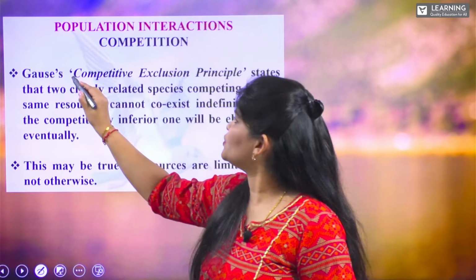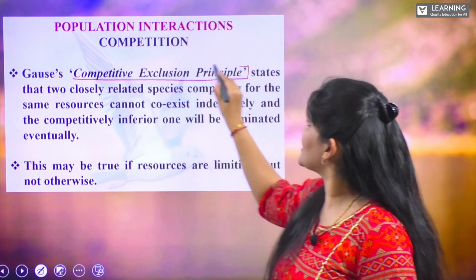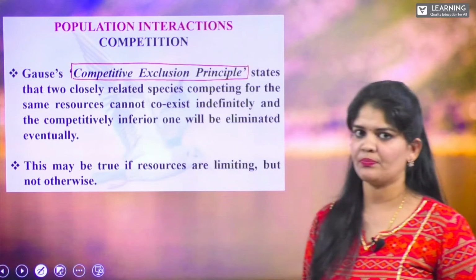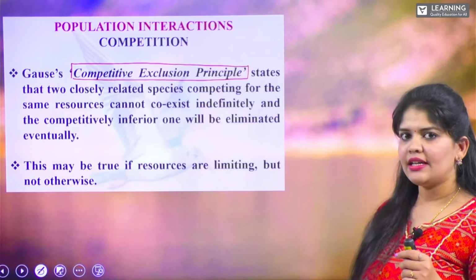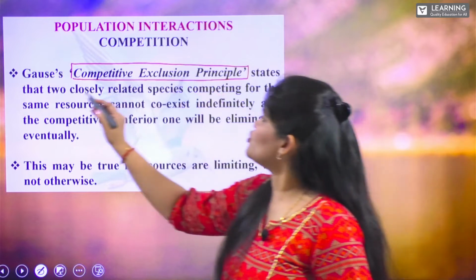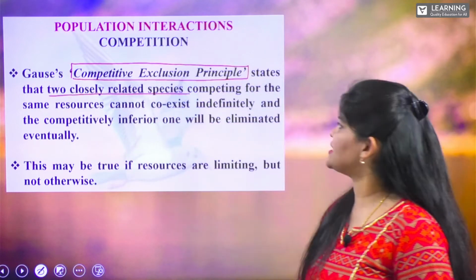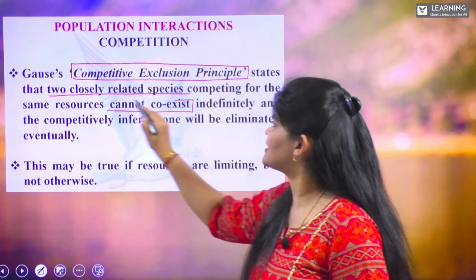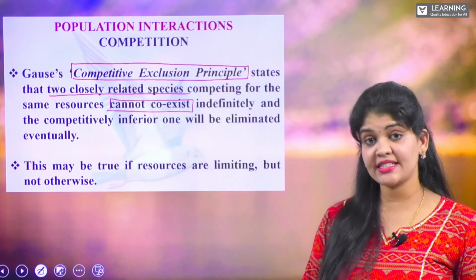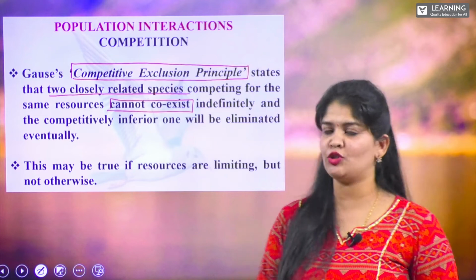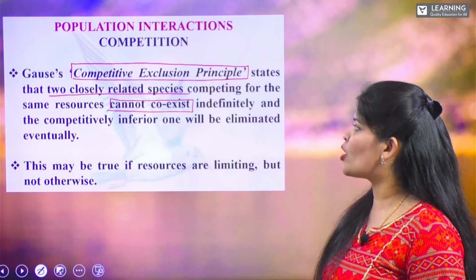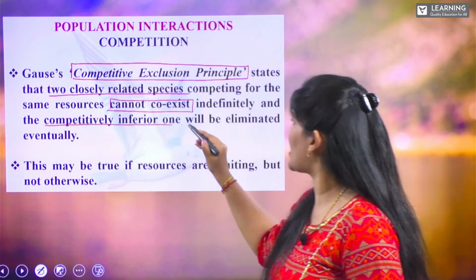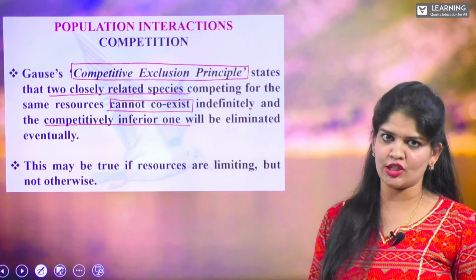Now, Gause's competitive exclusion principle. Here, he states that two closely related species competing for the same resources cannot coexist indefinitely, and the competitively inferior one will be eliminated eventually.